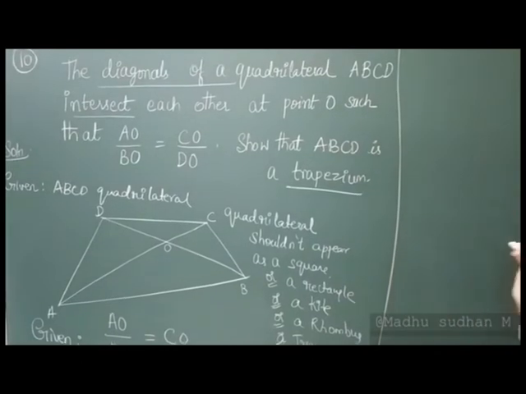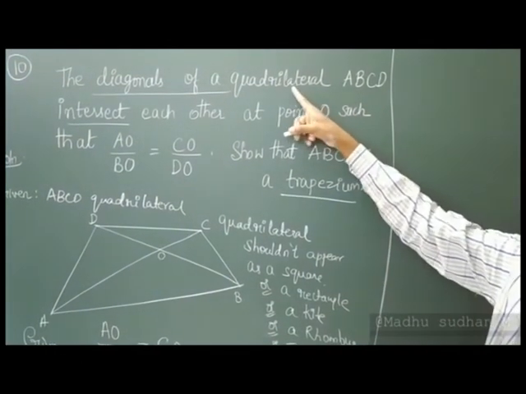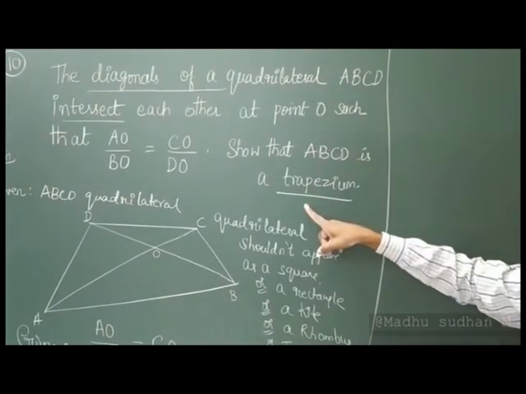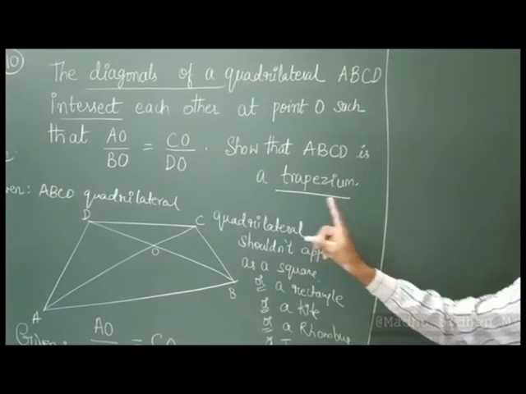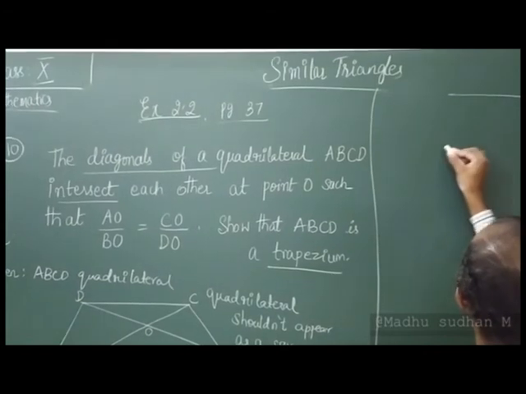So please understand. Whenever we have a question where it is a quadrilateral in the given part, and we need to prove that this quadrilateral is a trapezium, I shall redraw the diagram now. Let me draw a trapezium like this.